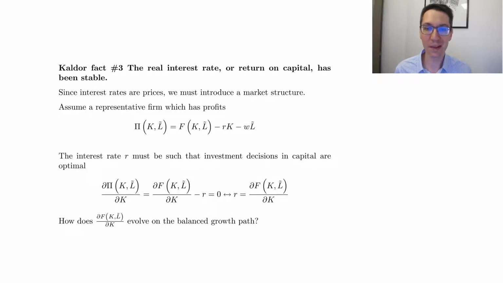But at the same time, it accumulates in tandem with the fact that there are more and more workers, and they are more and more productive. Having more productive workers means that the marginal productivity of capital should be higher. So we see that there are these two things to take into account, and it makes sense on the surface to imagine that the marginal return to capital should be relatively stable.